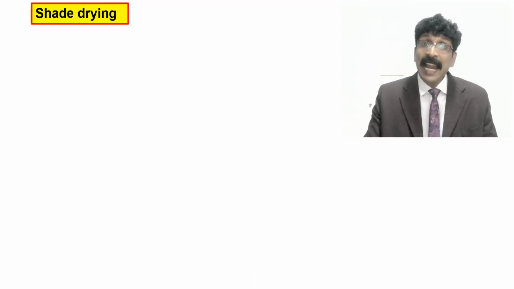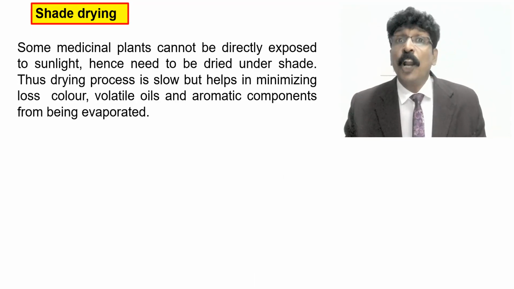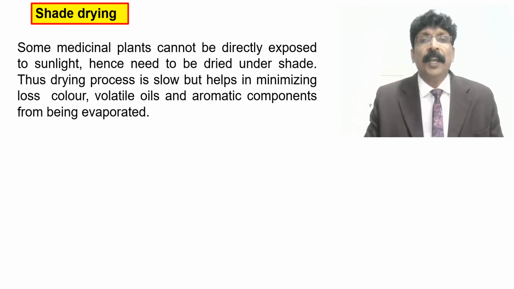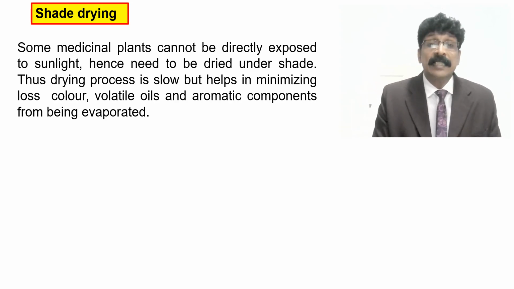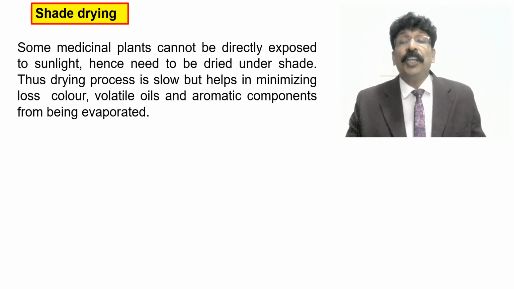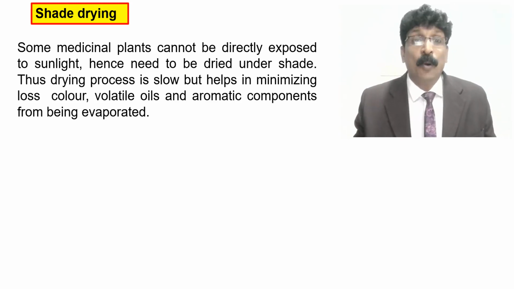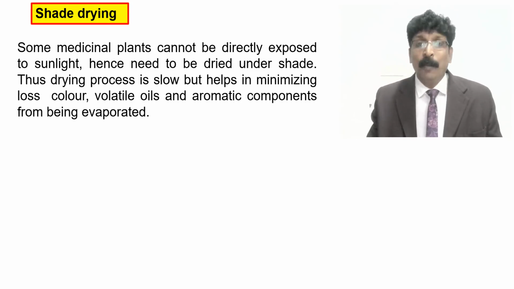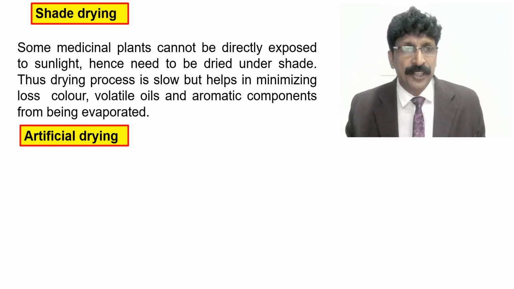And shade drying. Some medicinal plants cannot be directly exposed to sunlight, hence need to be dried under shade. Thus, the drying process is slow but helps in minimizing loss of color, and volatile oils and aromatic components from being evaporated.